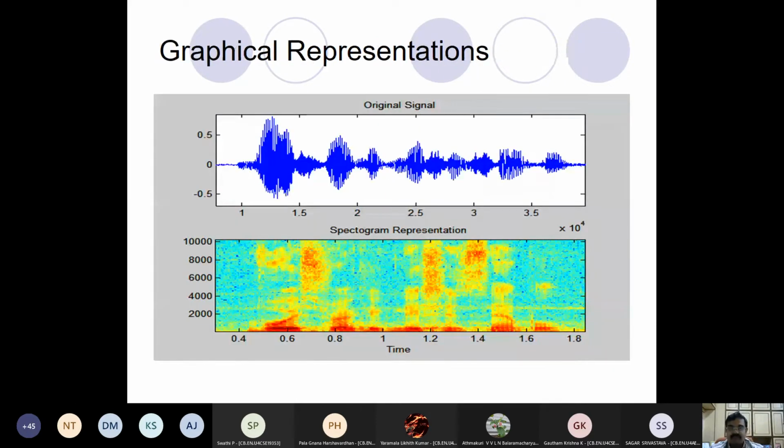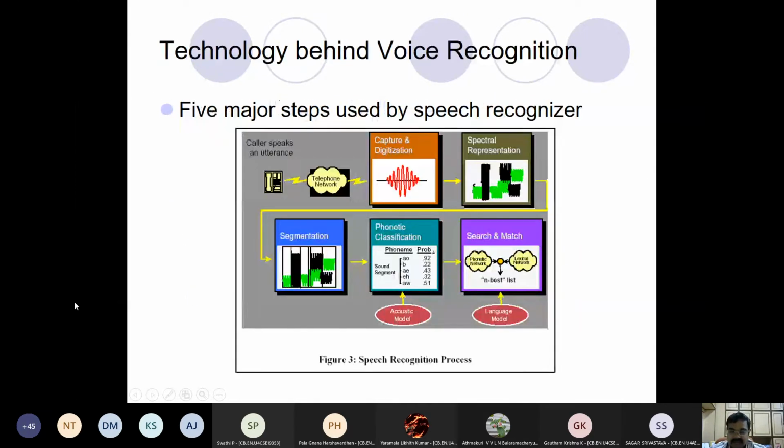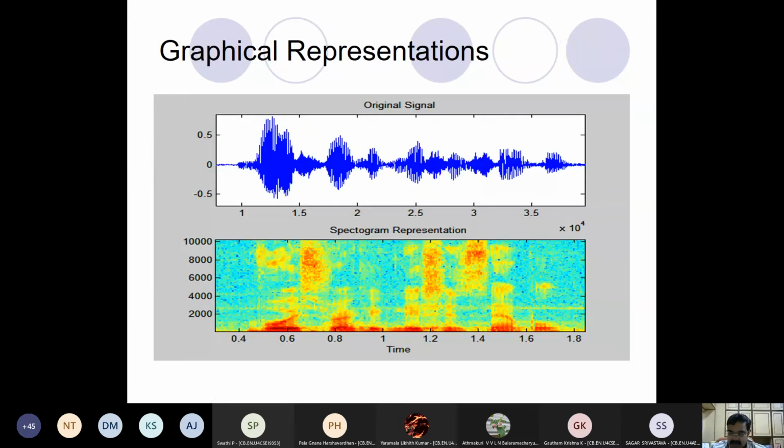Noise is removed. This is the signal, and then there is a spectral representation. Unnecessary voices are removed. Then we extract the various phonemes, and we store these phonemes and the values associated with them. That is how it happens. So this is a very simple kind of thing.